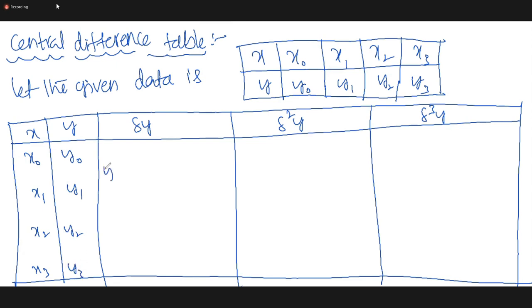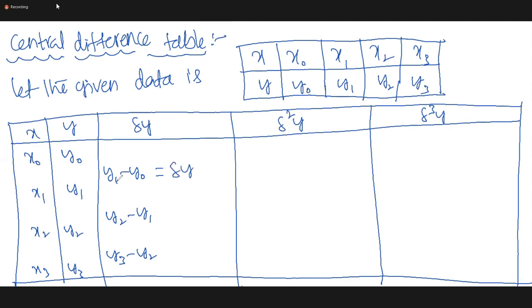First order differences: y1 minus y0, y2 minus y1, y3 minus y2. What is y1 minus y0? Small delta y.